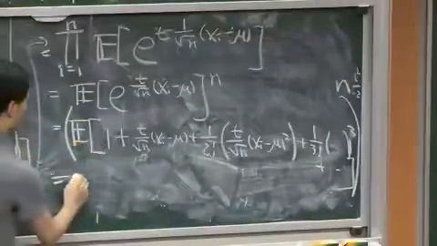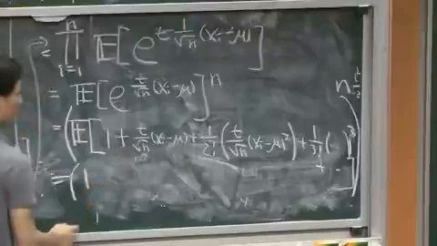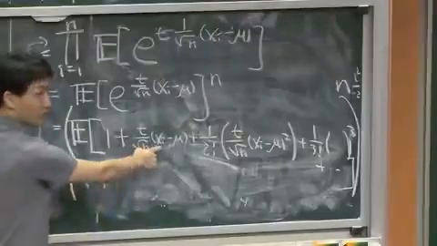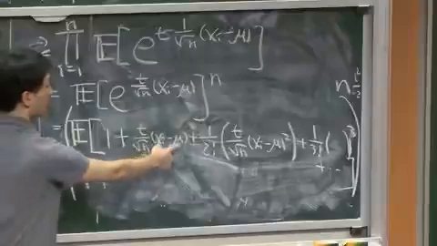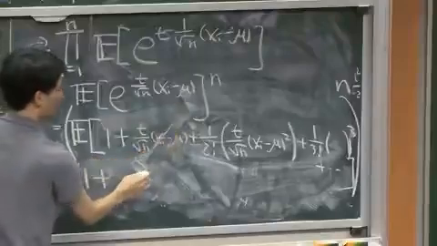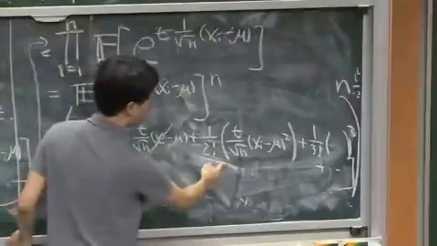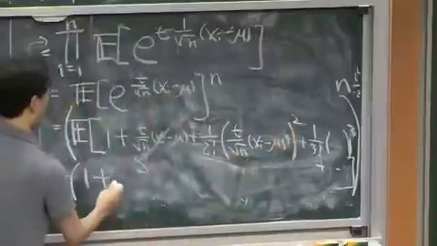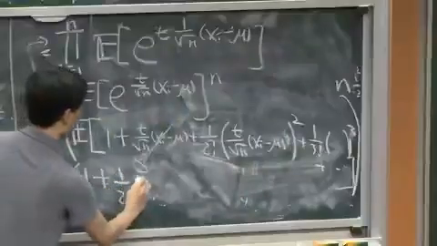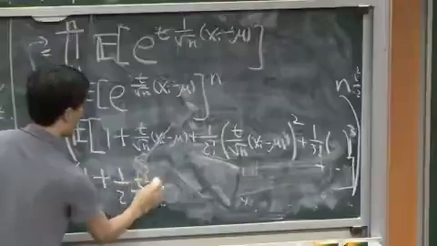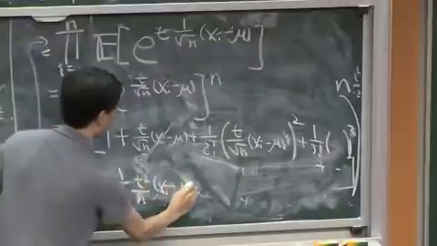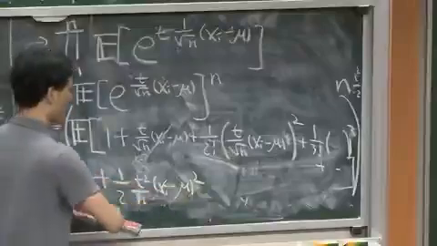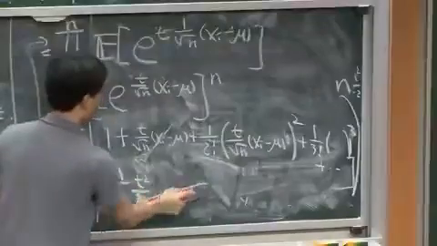By linearity of expectation, 1 comes out. The second term is 0 because Xi has mean mu. This term is 1 over 2 t squared over n times (Xi minus mu) squared, and when you take expectation, that will be sigma squared.